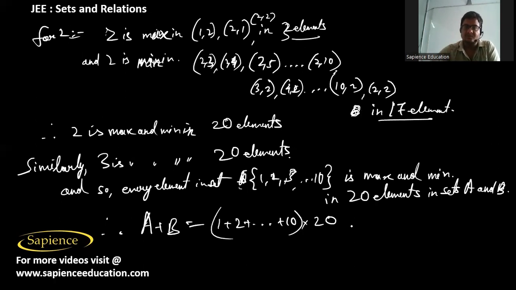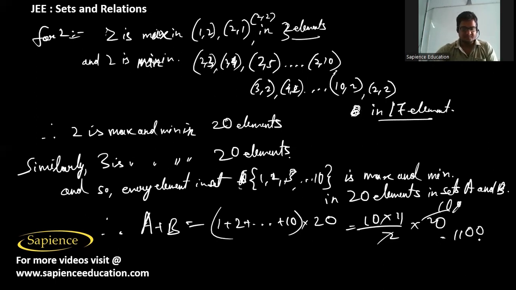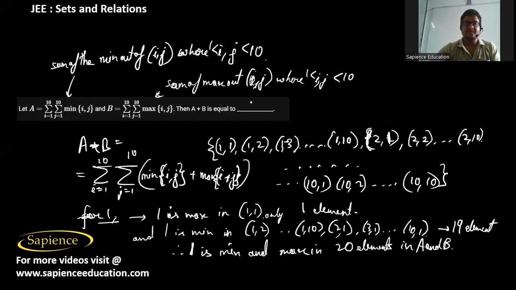So the sum 1 to 10 is 10 into 11 by 2, into 20. So 2 tens are 20, so 11 into 100, that is 1100. So the sum of A and B is 1100.